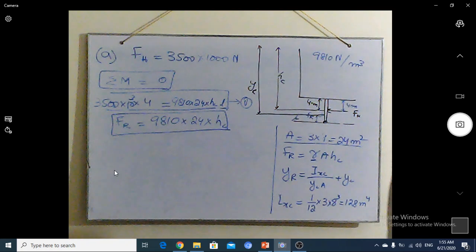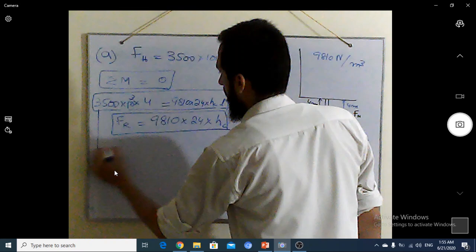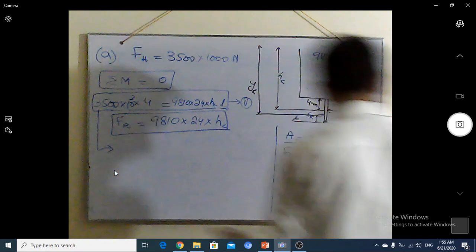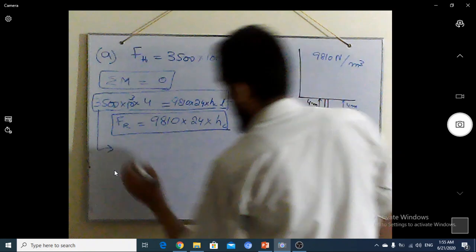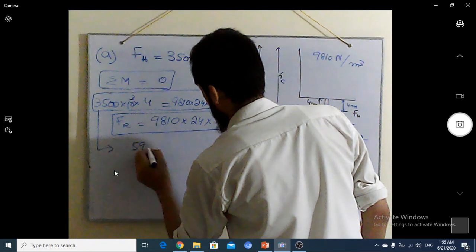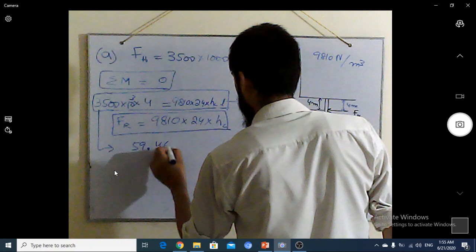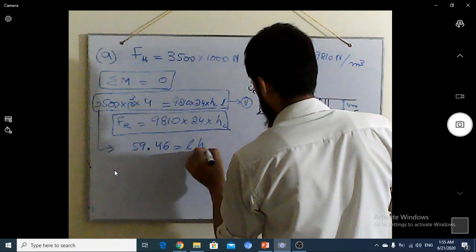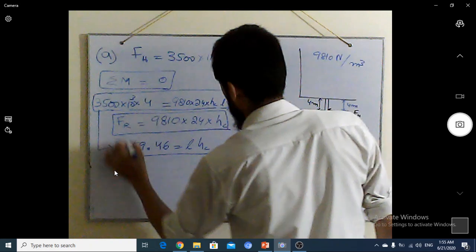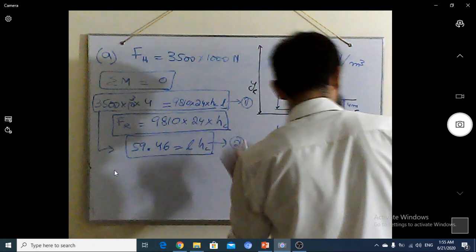So this equation can be simplified so that 59.4 equals L into HC, and this is your second equation.